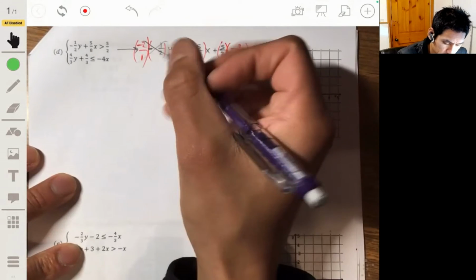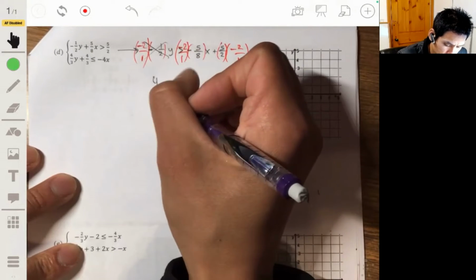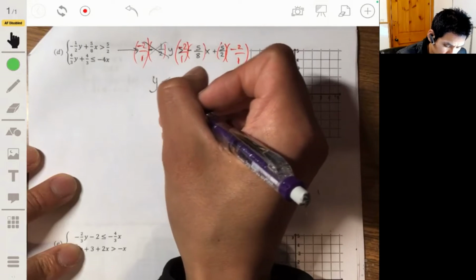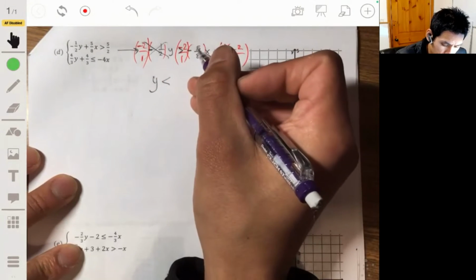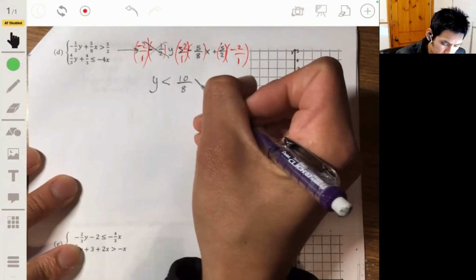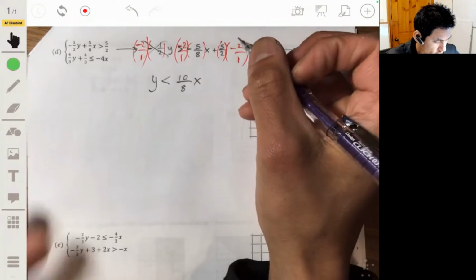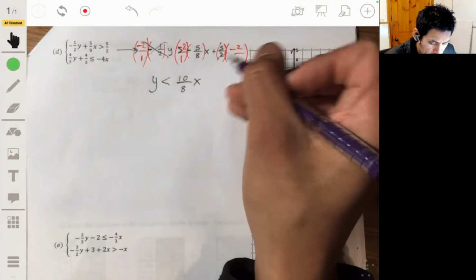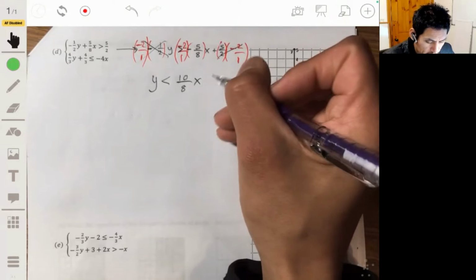These cancel. Inequality switches direction, so I get y is less than 2 times 5, or 10 over 8x, -10, or these 2's cancel actually, so I just get -5.